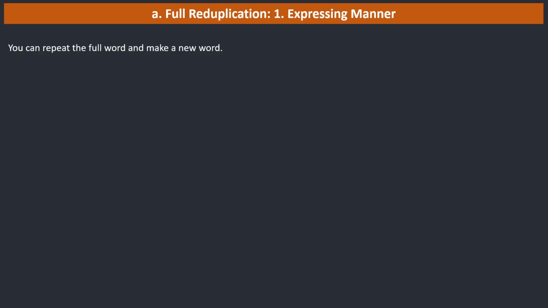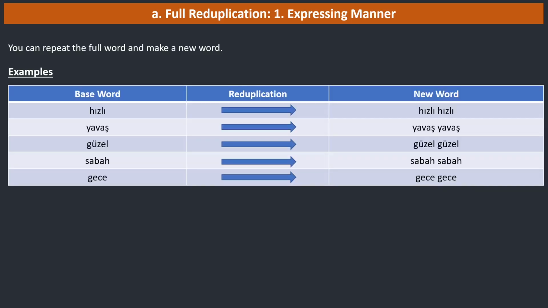So let's just dive into examples. I have this table. I will bring it here. You can already see the examples typed into the table. I will explain them one by one for those who don't know.